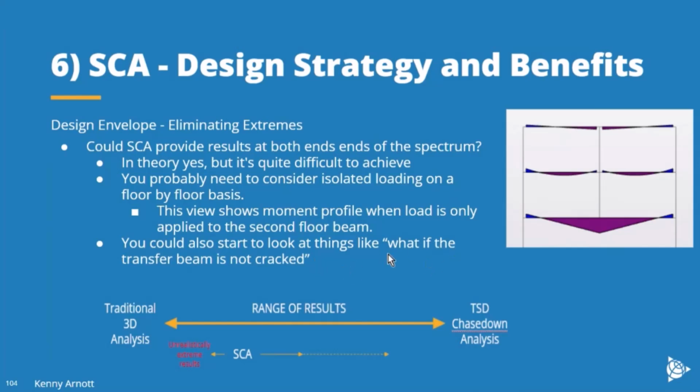What if the transfer beam is not cracked while the other beams are, and then it's much stiffer, and again you force this sort of profile. So there's a lot of what ifs to consider. Traditional 3D analysis or stage construction analysis could be used to produce results towards this end, perhaps, but it would be a lot of hard work.